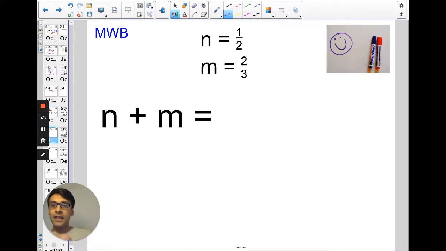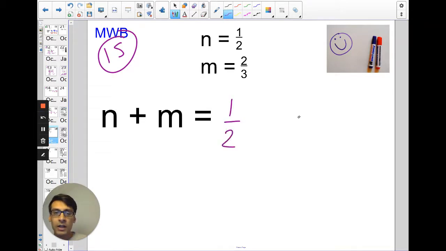Question 15. Pause the video, have a go without a calculator. Okay, now I'm going to show you the answer. It's going to be 1/2 plus 2/3. Now what do I need when I'm adding fractions? Well, I need the same denominator, so I'm going to multiply this by 3/3.